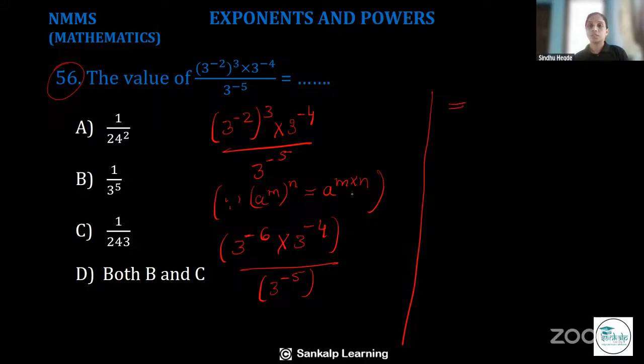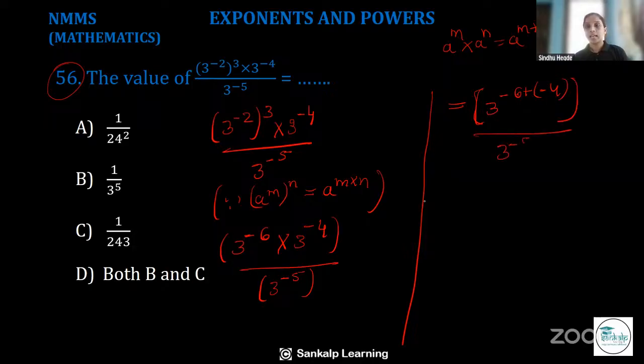Now simplify further. 3 raised to minus 6 into 3 raised to minus 4. Both contain the same base. So apply the formula A raised to M into A raised to N is equal to A raised to M plus N. Similarly, 3 raised to minus 6 into 3 raised to minus 4 is 3 raised to minus 6 plus minus 4. Divided by, write this denominator as it is.